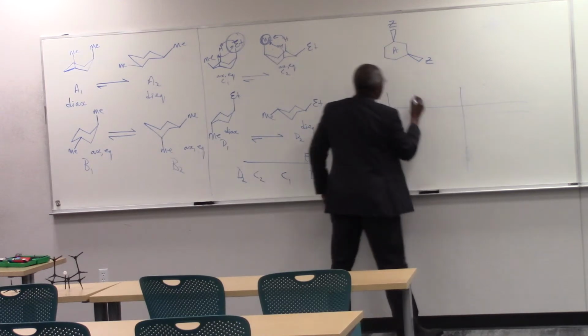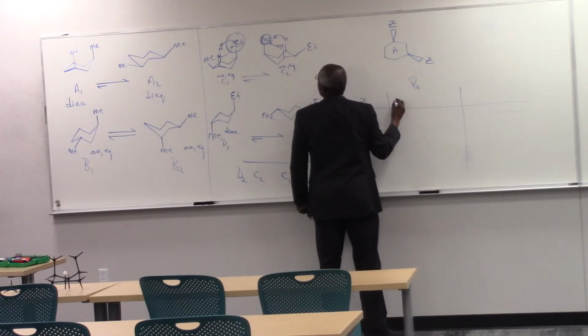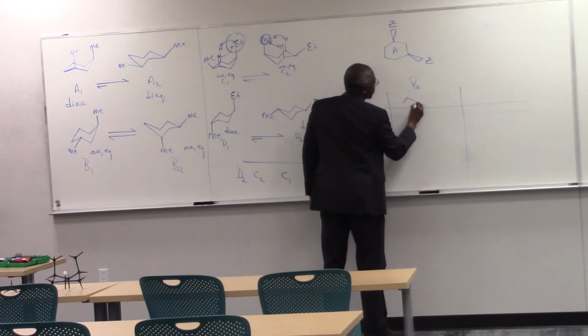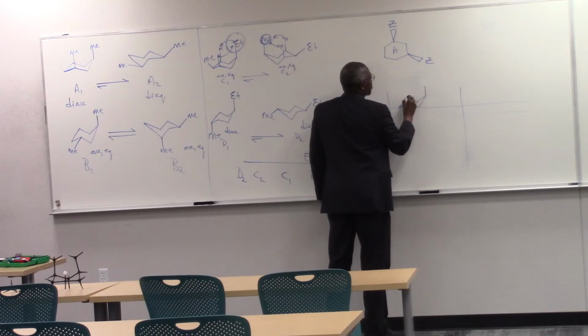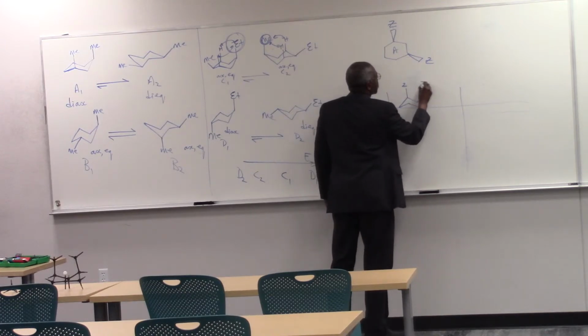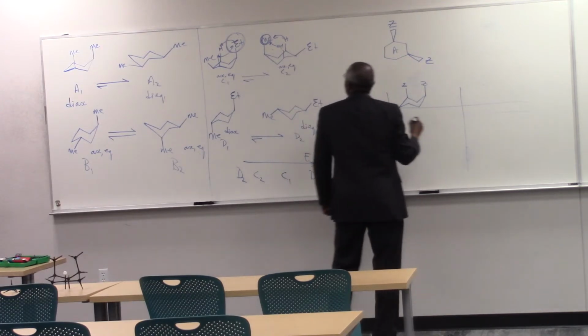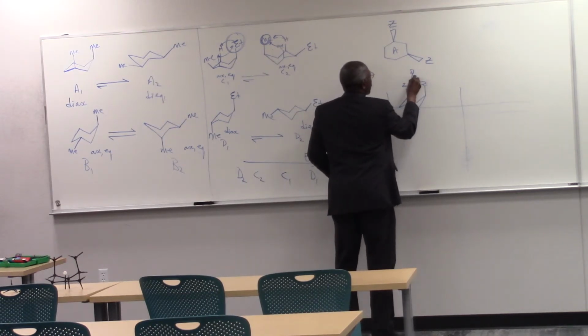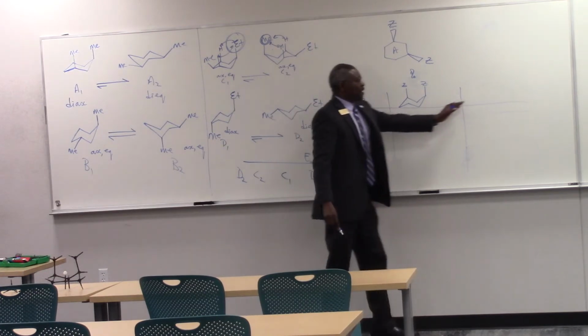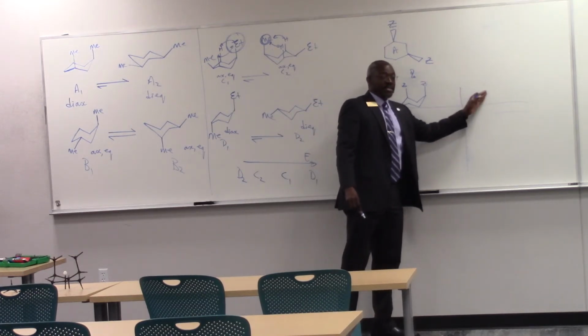and I'm going to have percent of A1. Well, really, that's all I need. It's just percent of A1. So percent of A1. Because obviously, it'll be 100 minus whatever this number is for percent of A2, right?